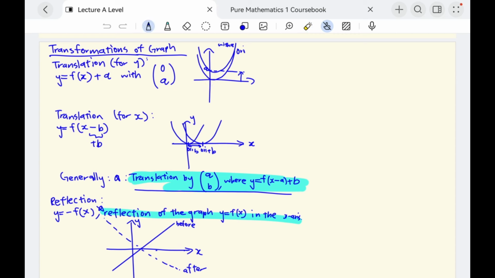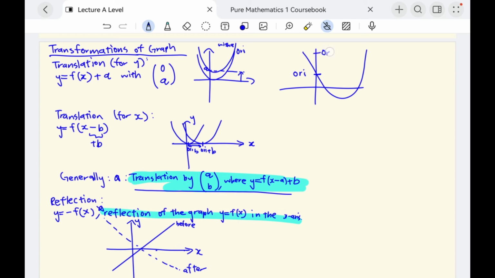Here is your graph, so I label it as original. When you have the translation with increasing or decreasing a units, for increasing you need to add a.